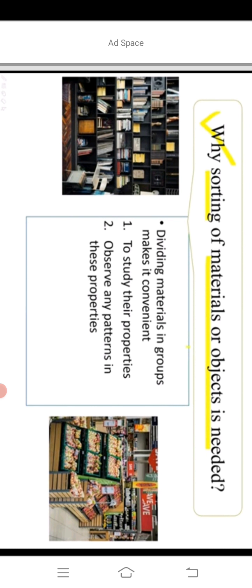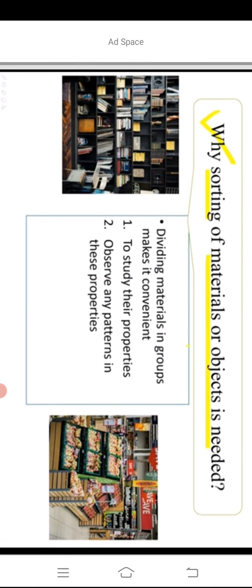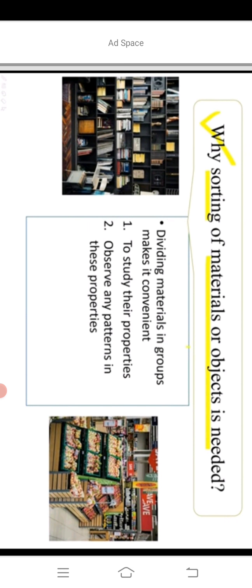Actually, we often group materials for our convenience. At home we usually store things in such a manner that similar objects are placed together.